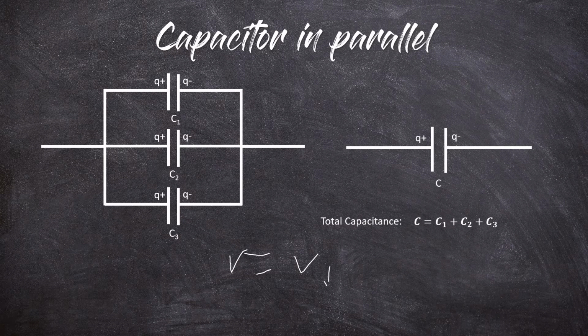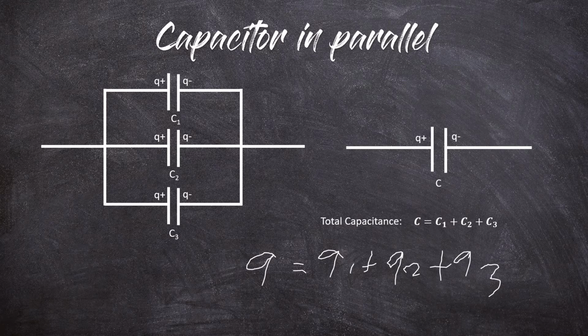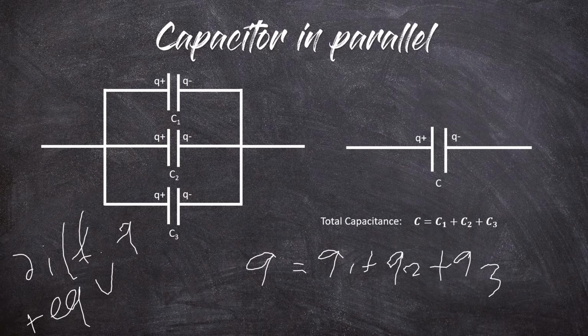So v1 equals v2 equals v3, there will be equal potential but different charge, q1 plus q2 plus q3. So in parallel capacitors the charge is different but the voltage is equal, different charge but equal potential difference.